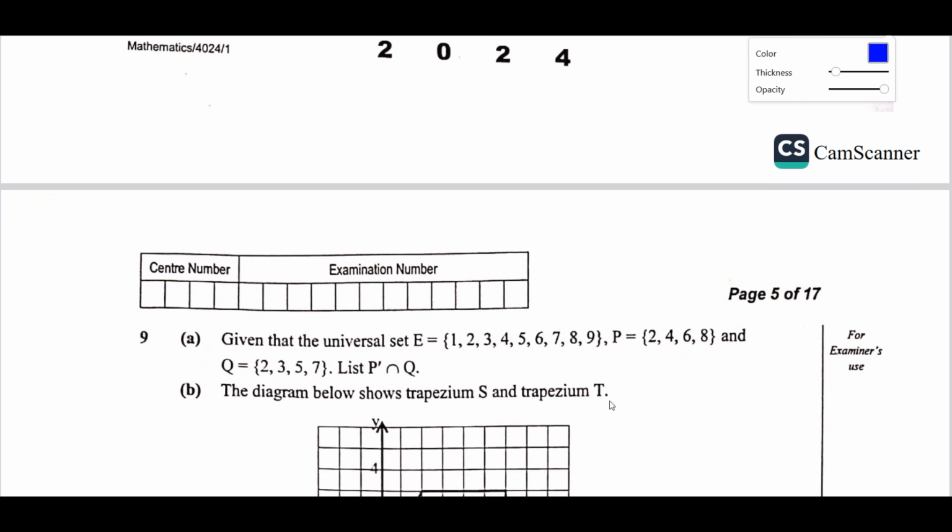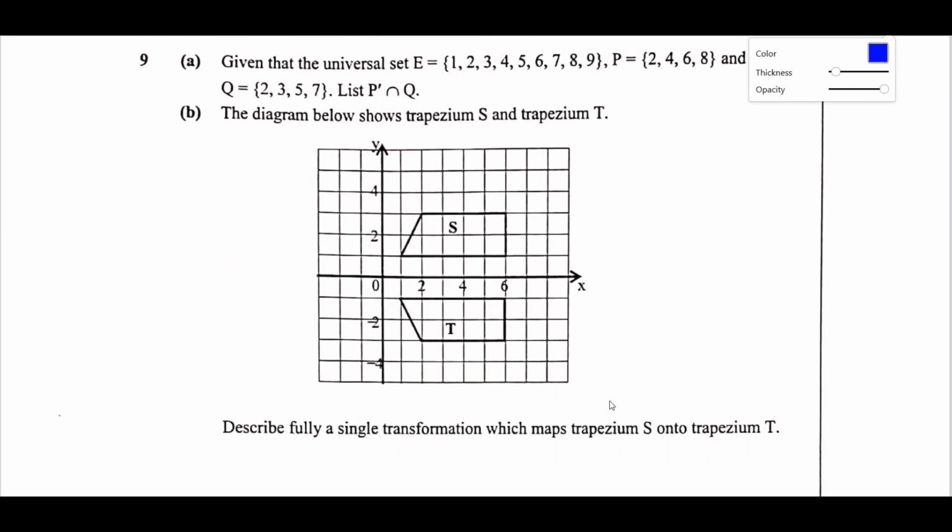So question number 9, we have two questions. The first one is coming from the topic of sets. Then the second one is under transformation. So let's first begin with the one with sets. So we have been given set Q: 2, 3, 5, and 7, and P: 2, 4, 6, and 8.